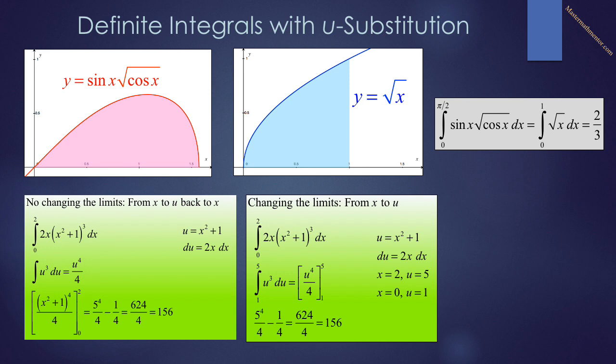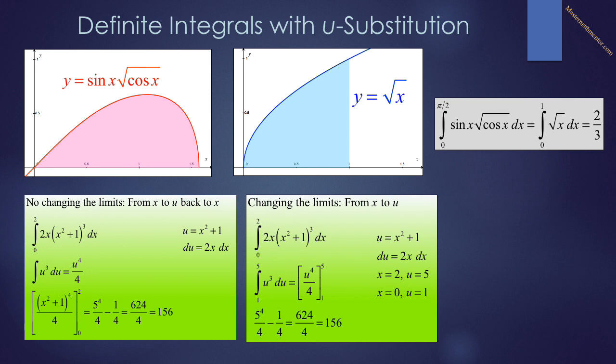When x is the lower limit, 0, u is 1. If x is the upper limit, 2, then u is 5. So this problem becomes the integral from 1 to 5 of u cubed du. Integrating, we get u to the fourth over 4 evaluated from 1 to 5.